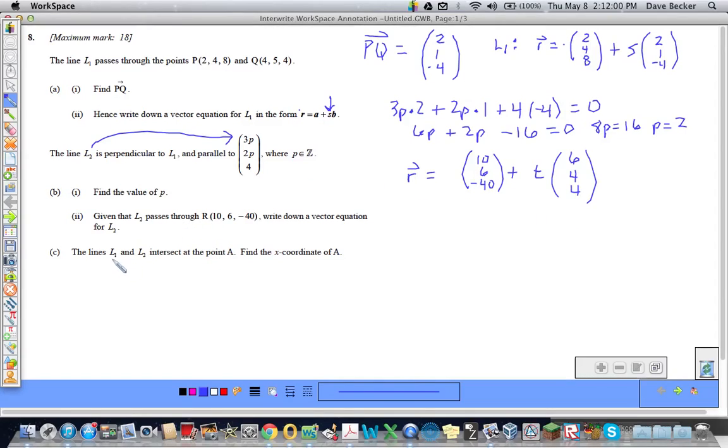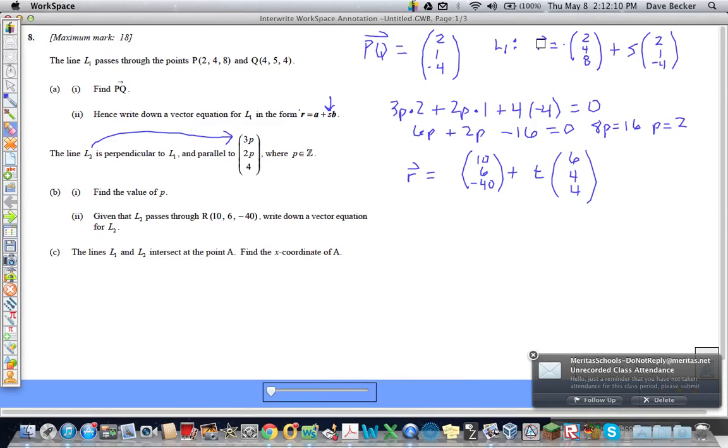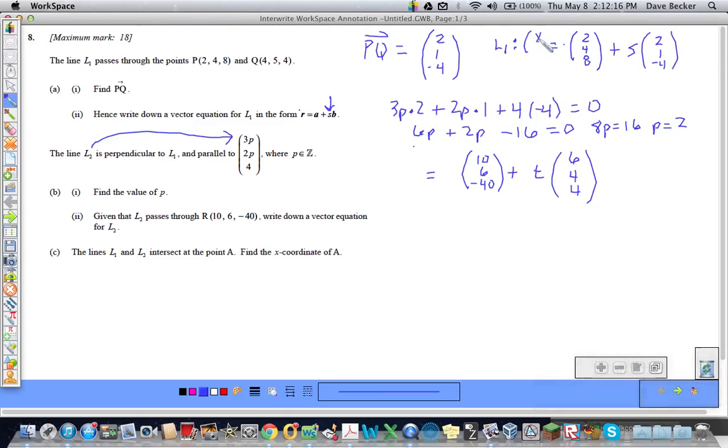Given that lines L1 and L2 intersect at point A, find the x coordinate of A. So this vector and this vector intersect, right? Now remember, another way to write r is (x, y, z) equals those coordinates.